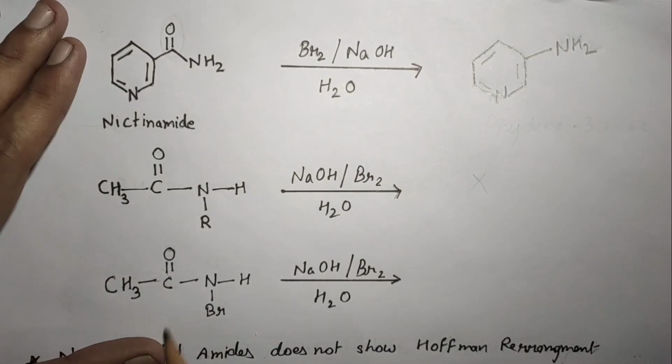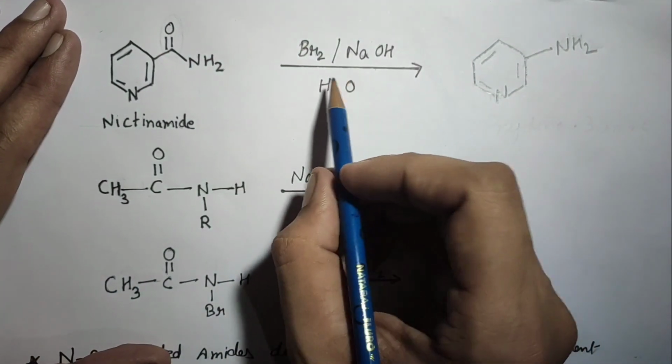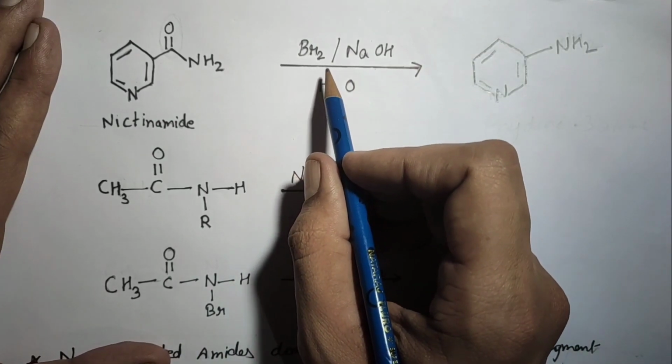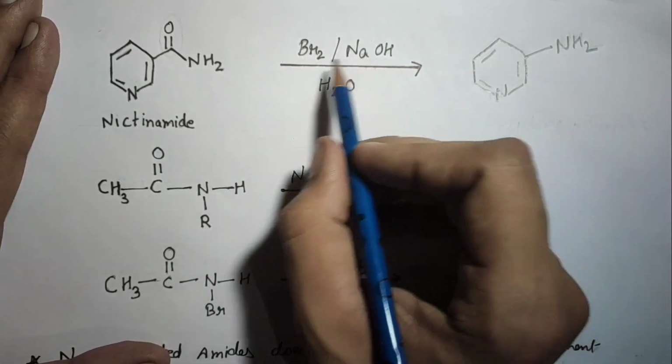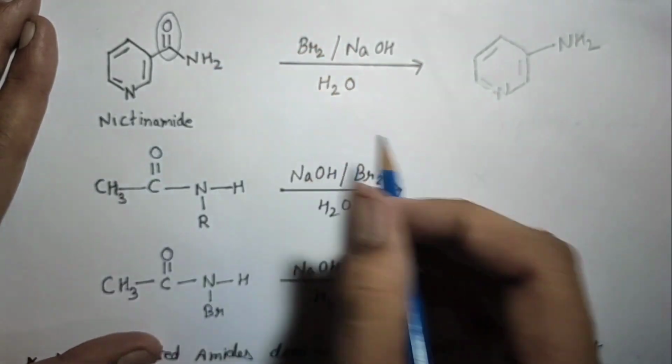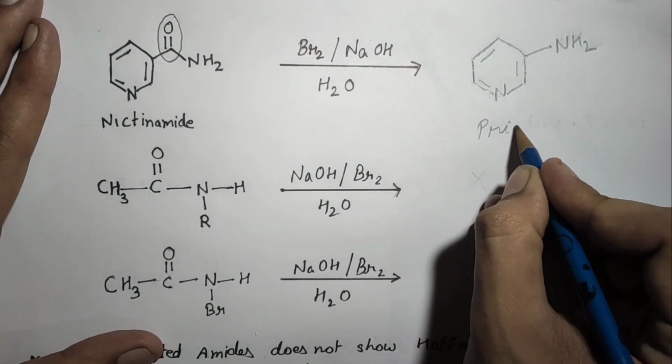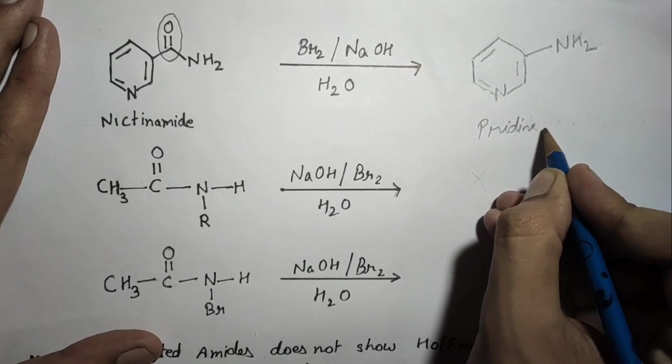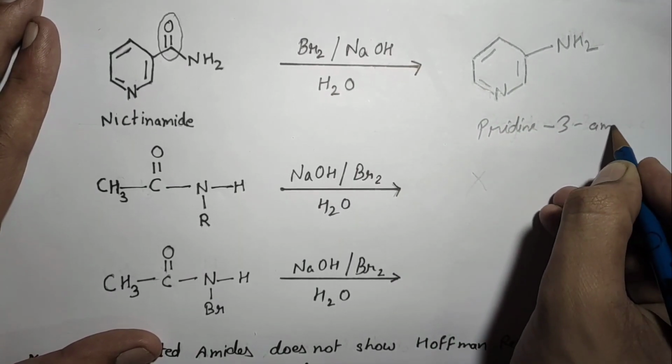Now this nicotinamide here also shows Hofmann rearrangement when we react it with sodium hydroxide and bromine. Again, this C double bond O group gets removed and we get this pyridin-3-amine.